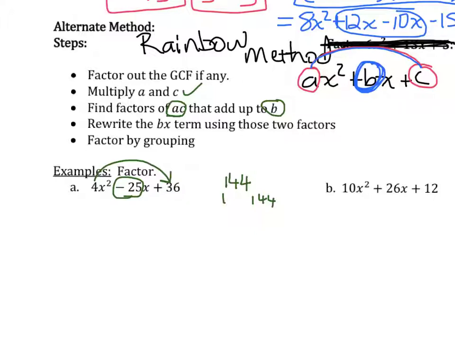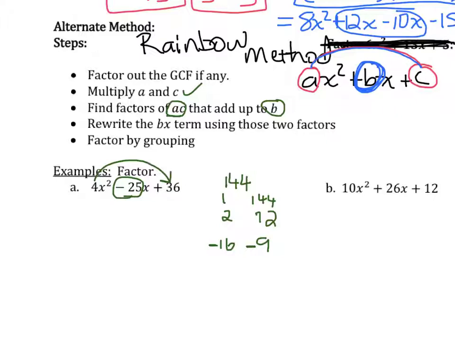How many times does 2 go into 144? 2 and 72, right? You can continue to go down through the factors of 144, but what you're going to find is that when you get to 16 and 9, they work. 16 times 9 is 144, and if I make both of them negative, when I add them together, I get negative 25.